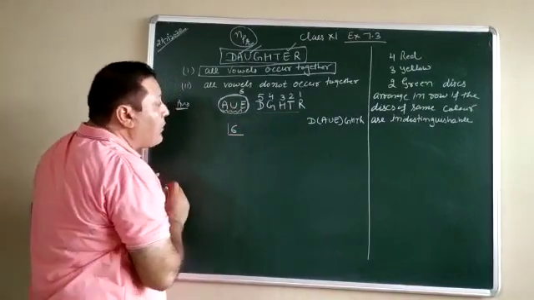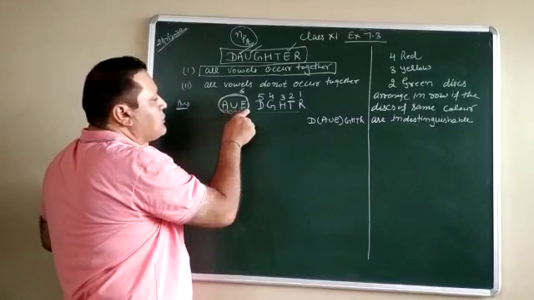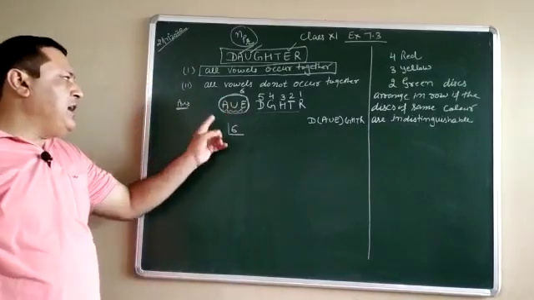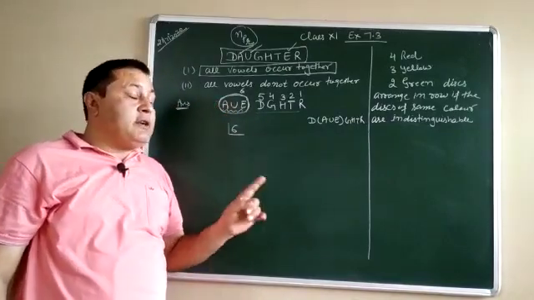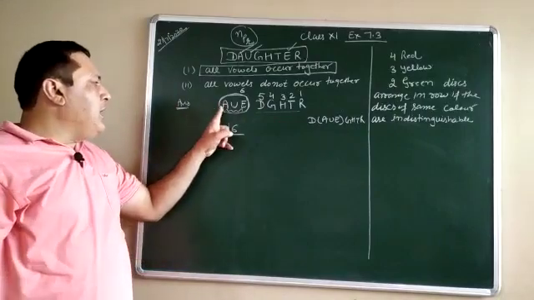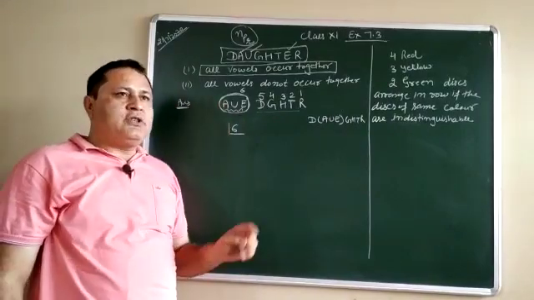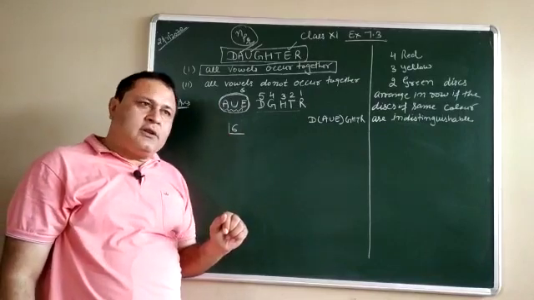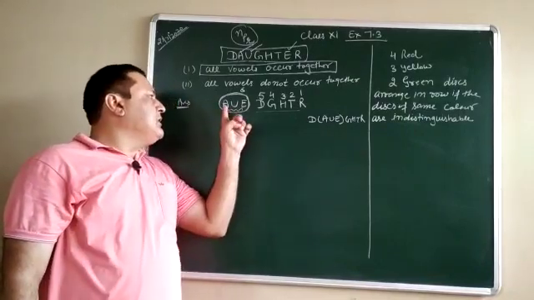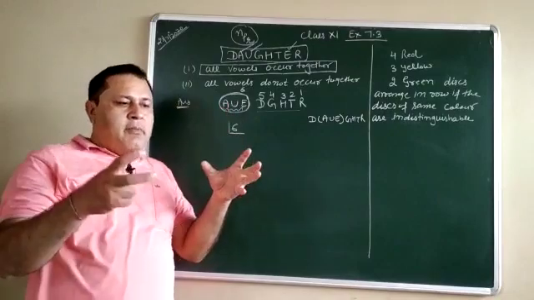Now the second point: these 3 vowels go together, A, U and E, but it is not necessary that A will occupy the first position, U the second and E the third. The condition is only that A, U and E remain together.